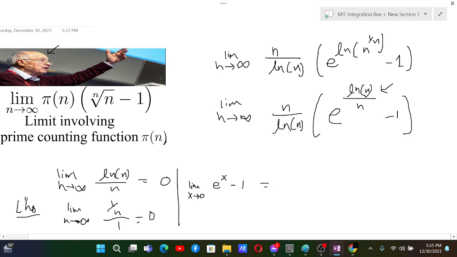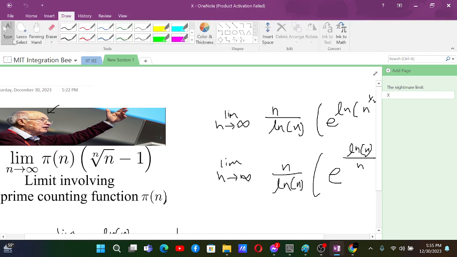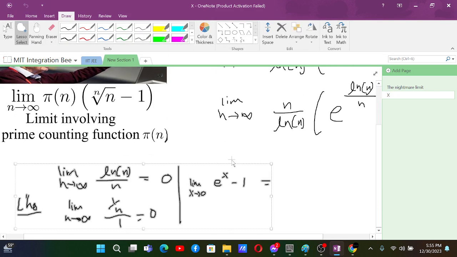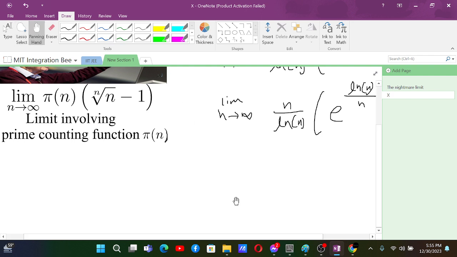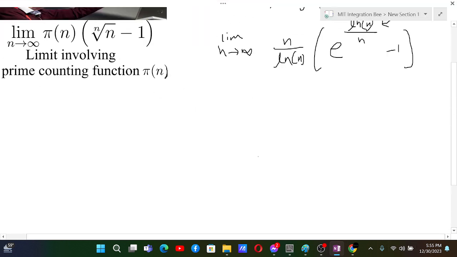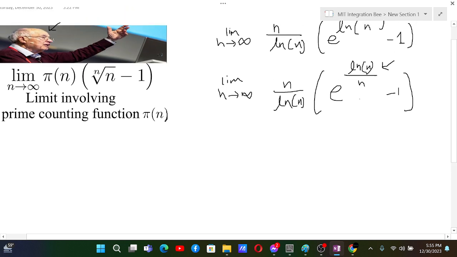So basically over here, first of all, let me use the lasso. And let me just increase the screen. Okay, over here the power is going to 0, and here minus 1 is there as well. So we will have n by ln n, and we can write the x over here.